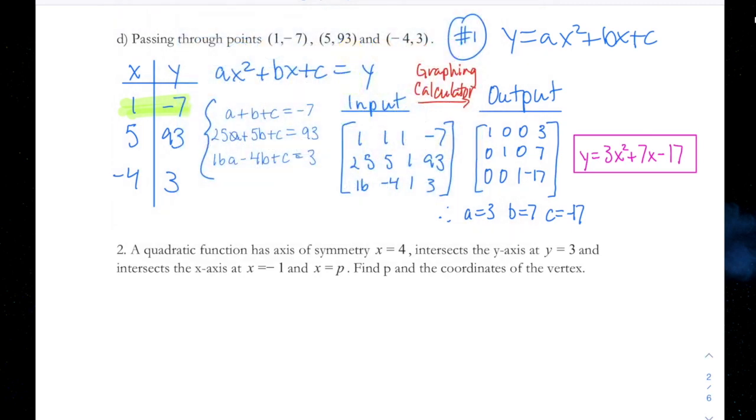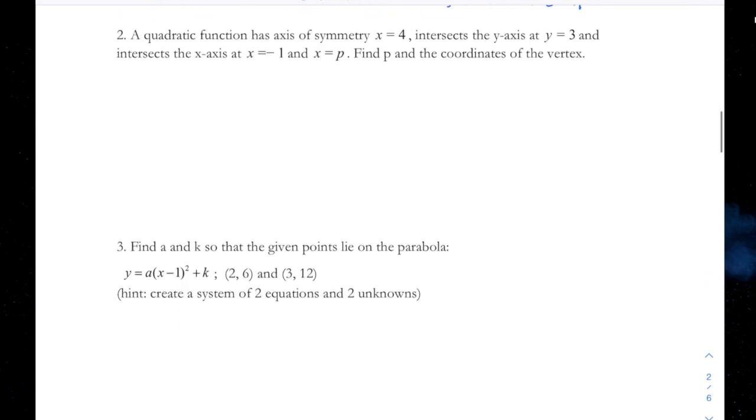In number 2, we're given information about a parabola that has more to do with the physical features than particular points on the graph. So we're going to draw a little diagram here to help us. Okay. So it says here a quadratic function has an axis of symmetry x equals 4.